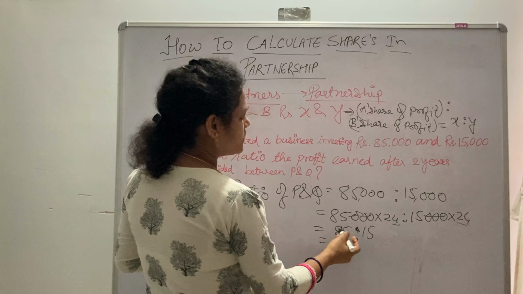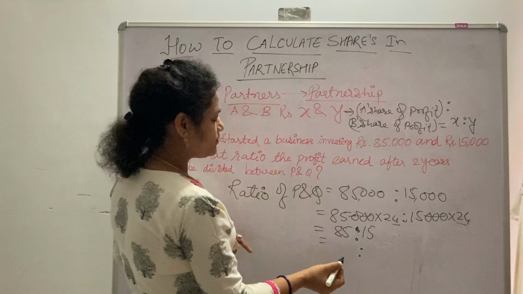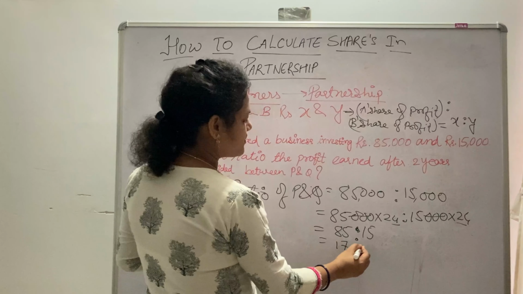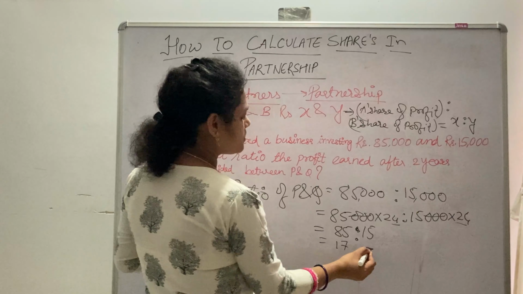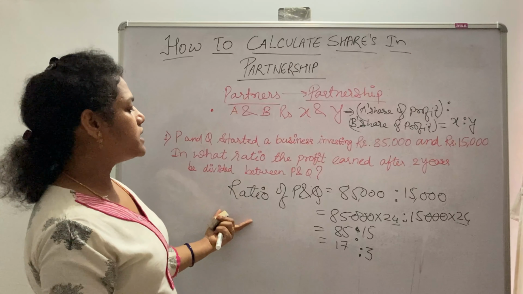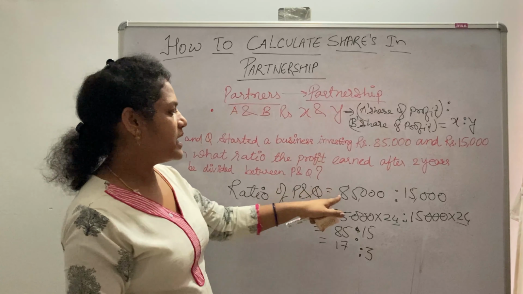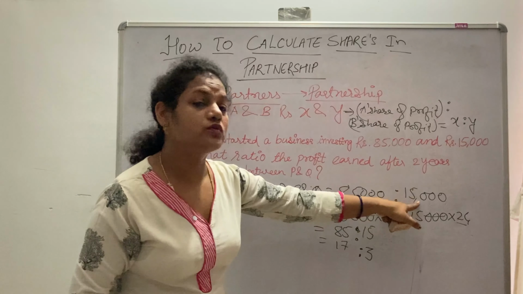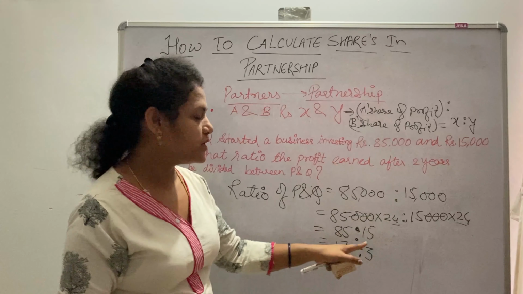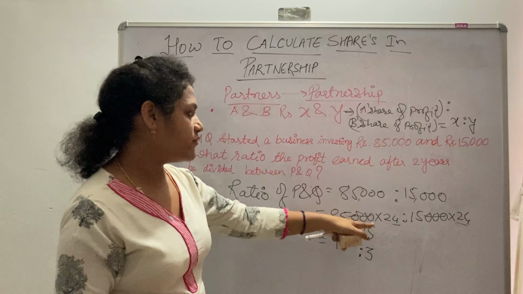When you cancel with 5, you get 17 is to 3. So the ratio of their capital, P and Q, 85,000 is to 15,000 for 2 years, which means 24 months, is 17 is to 3.